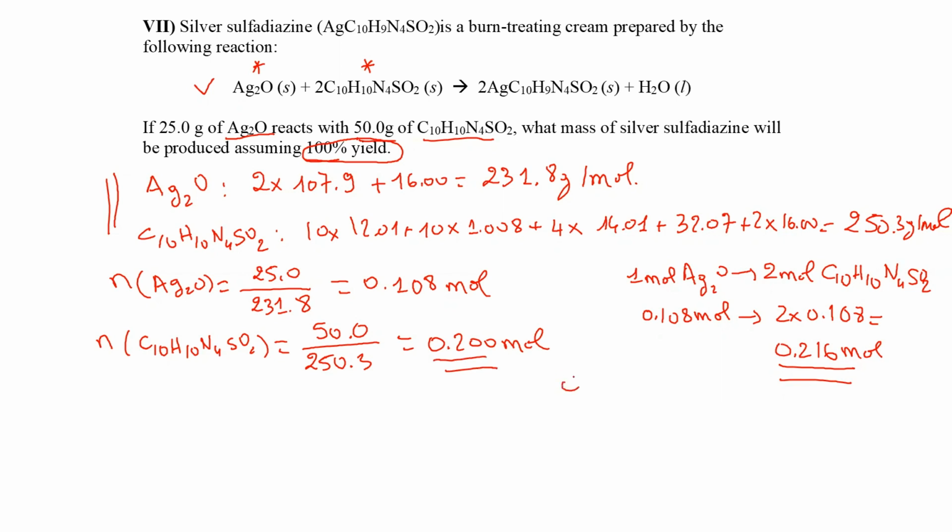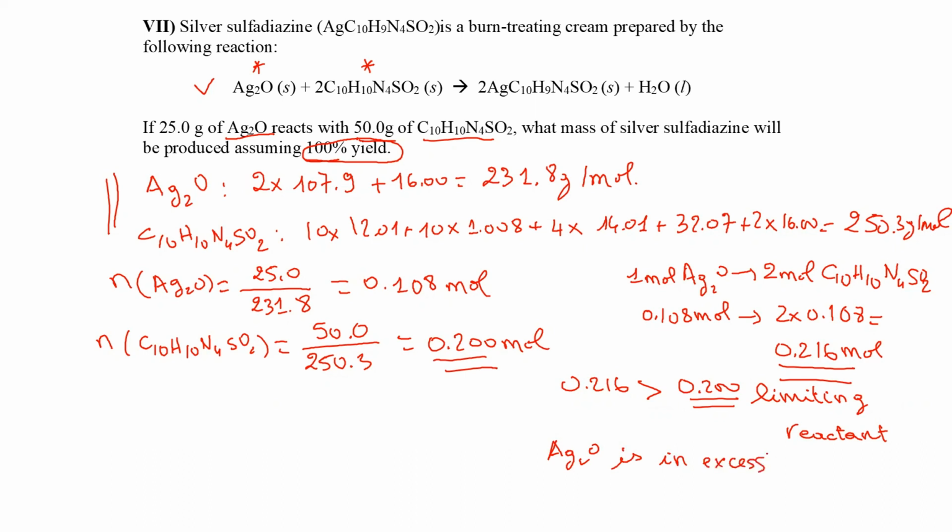So I know that 0.216 is bigger than 0.200. So I don't have enough of this reactant. But this is my limiting reactant. Or we can say that Ag2O is in excess.